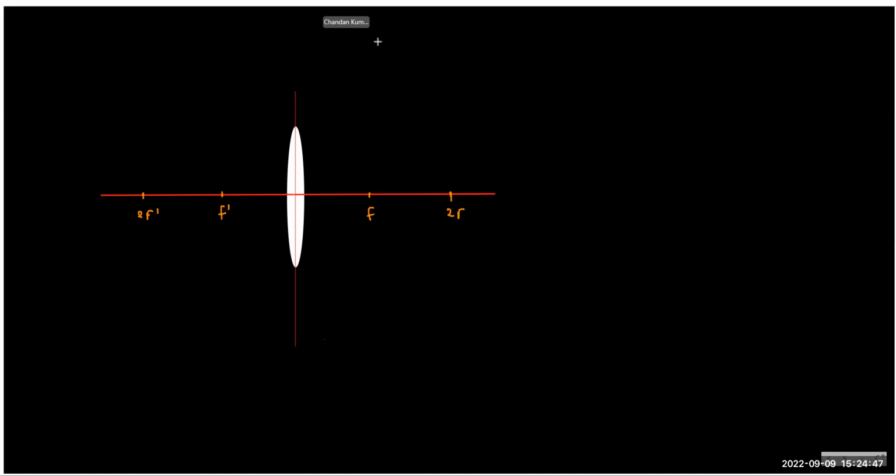If the object is at F, how do we represent it?